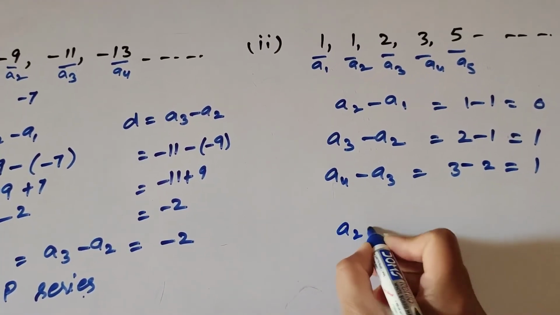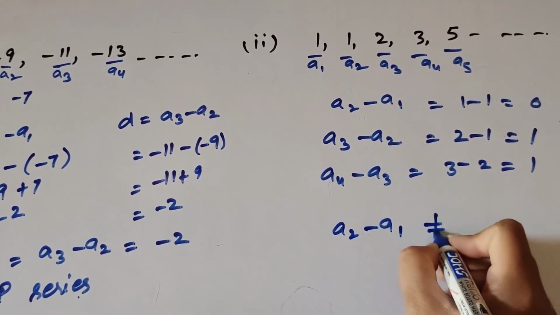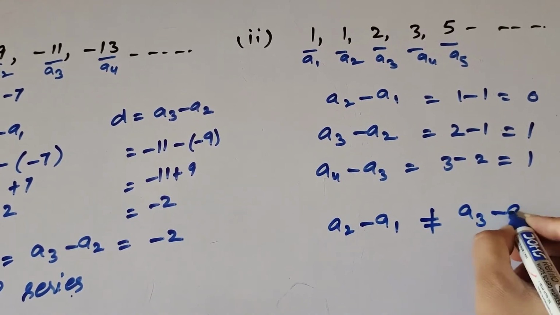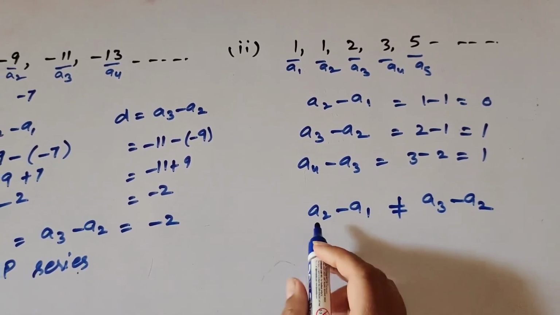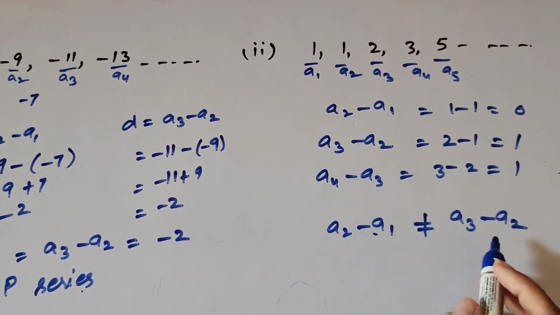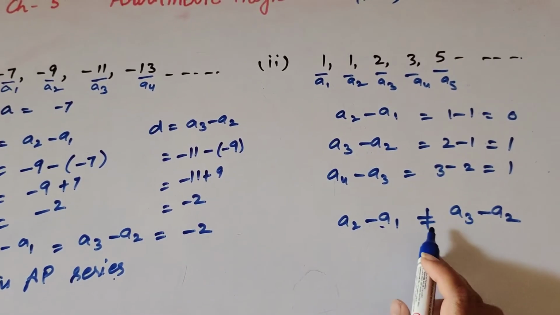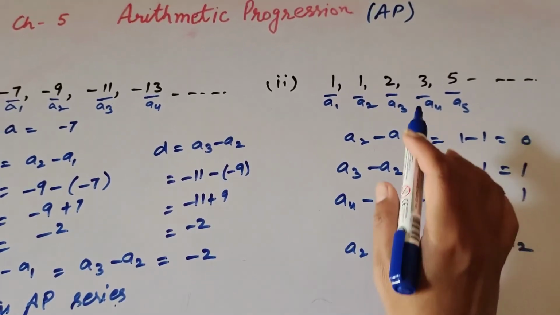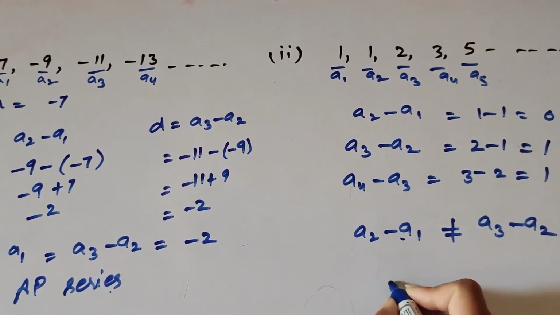So the difference A2 minus A1 is not equal to A3 minus A2. When the difference is not equal, the given series is not an AP series, because their difference is not equal. So this series is not an AP series.